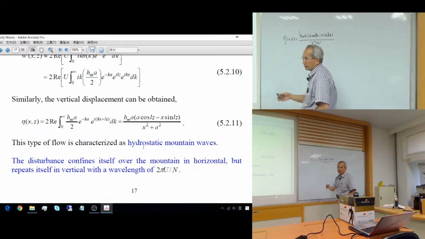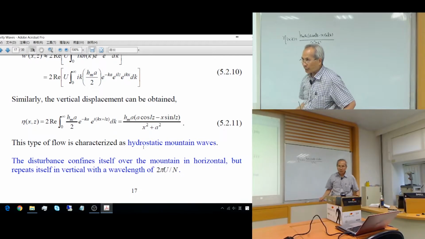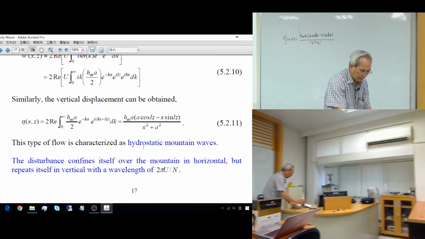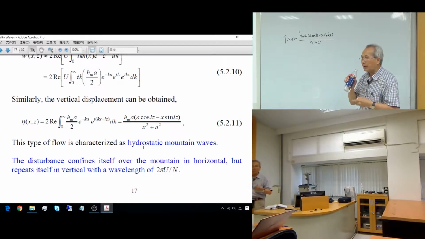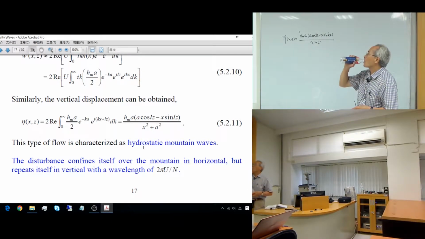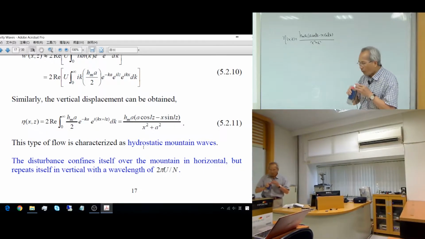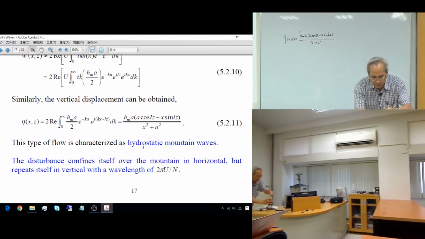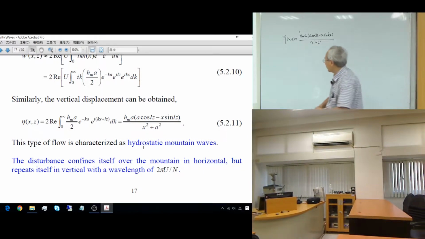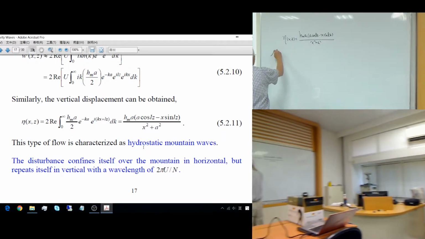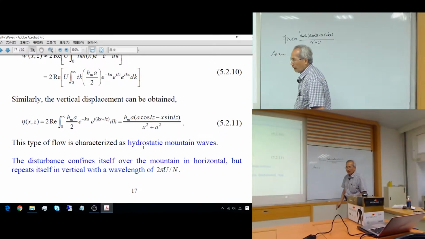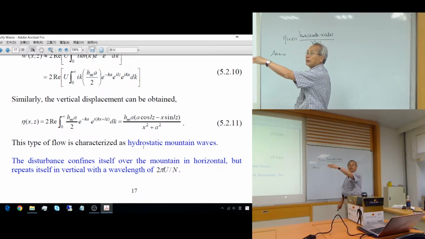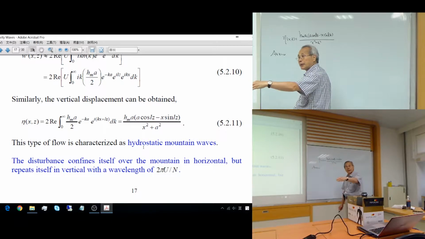First, let's check to see whether the solution is correct or not. There are many ways you can check it. One way is to look at g equals 0. Then eta is the disturbance, and the disturbance of the flow is supposed to follow the mountain.